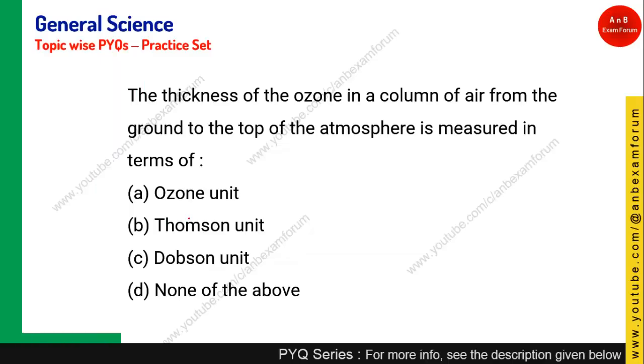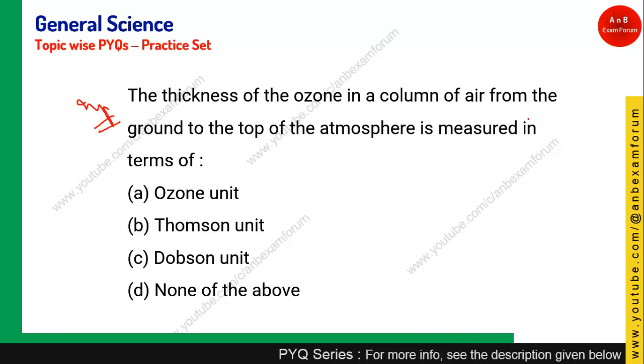Let's see the next question. Again, I am marking this as an important question. The thickness of ozone in a column of air from the ground to the top of the atmosphere is measured in terms of which unit? If you want to know the ozone layer concentration, like we have seen in news that this much ozone is depleted, the common unit used to measure the thickness of the ozone layer is the Dobson unit.